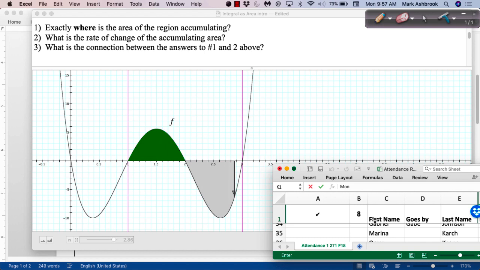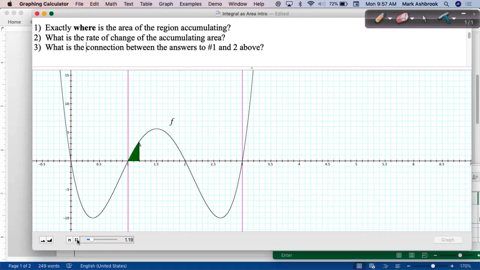So if I were to pause it here at any moment, where in that region is the accumulation happening? Yeah, tell me, Adam. On the right edge, at x, right? That's what she said. At the right edge, at x.